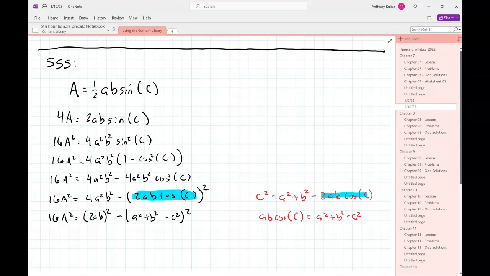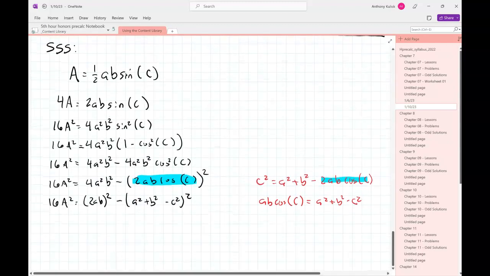So if you look at the right-hand side of my equation, that should look like a difference of two squares. Something squared minus something squared. Do you guys see that? What do you suppose I'm going to do with that?